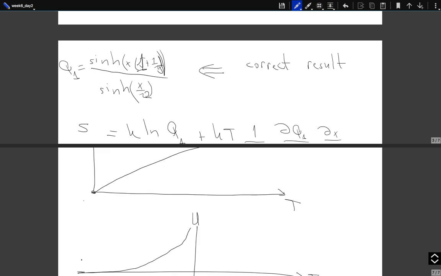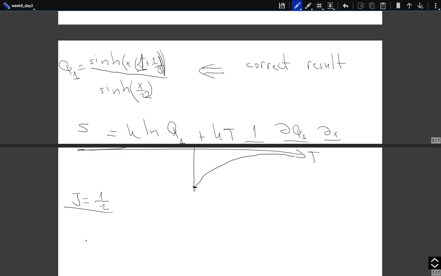In this case, Q1 is just sine hyperbolic x times 1 plus 1 over sine hyperbolic of x over 2 times 1 over 2. It's a given function.